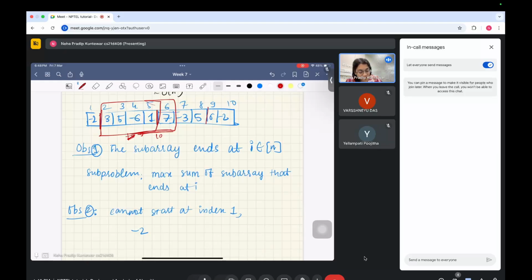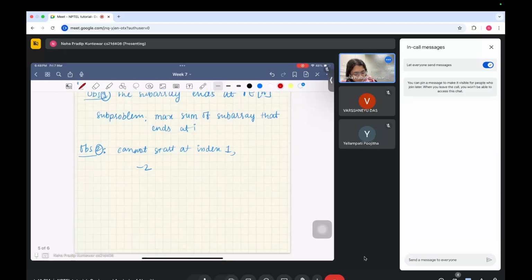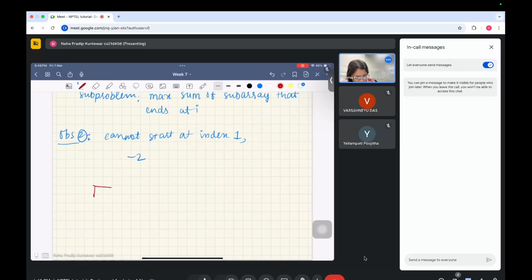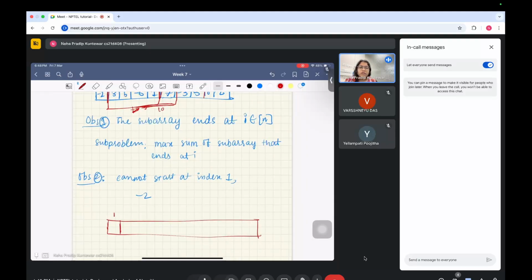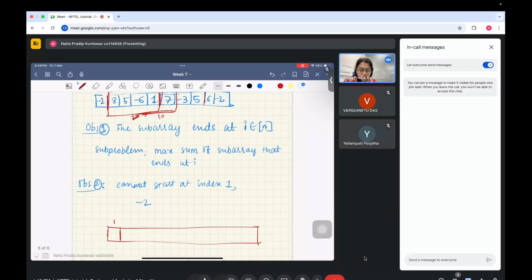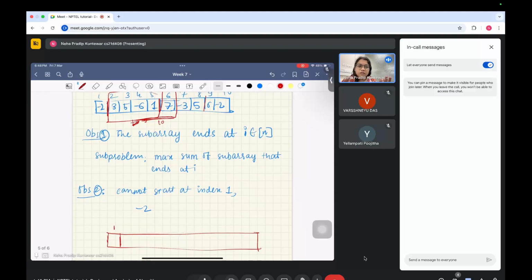So how do we do that? Notice that if I start at 1, then what is the maximum sum of any subarray that ends at 1?